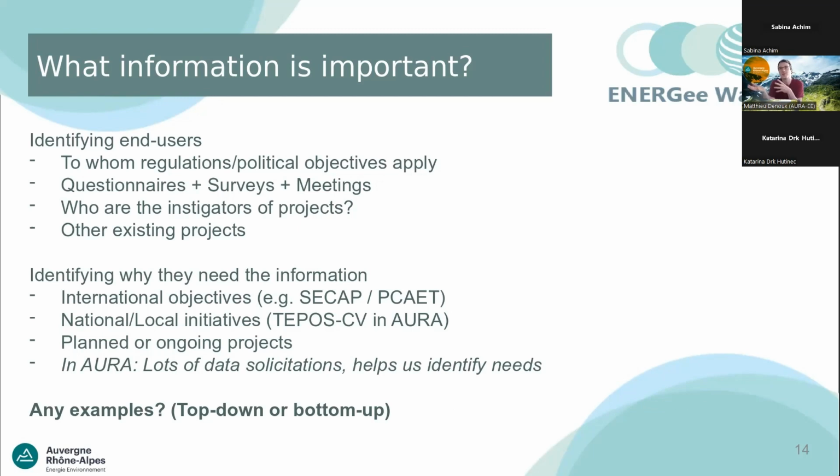So the people who will be concerned by sharing data on energy production will be the people responsible for political planning, of maybe giving incentives, giving money to project launchers. So it could be interesting to look at the people who are in this category.